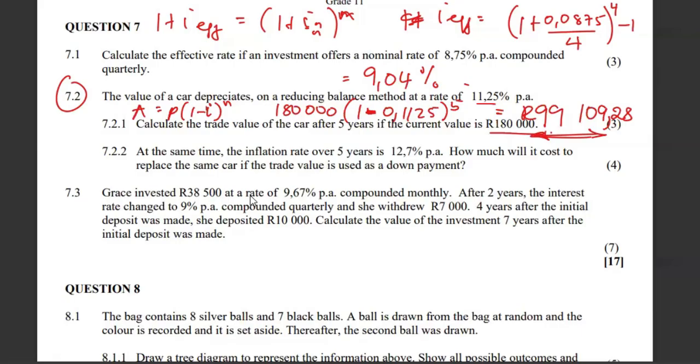And then 7.2.2. They're telling us that at the same time, the inflation rate over 5 years is 12.7%. How much will it cost to replace the same car if the trade value is used as a down payment? So meaning that the 180,000 must grow using compound interest, which is the 12.7% to the exponent of 5.